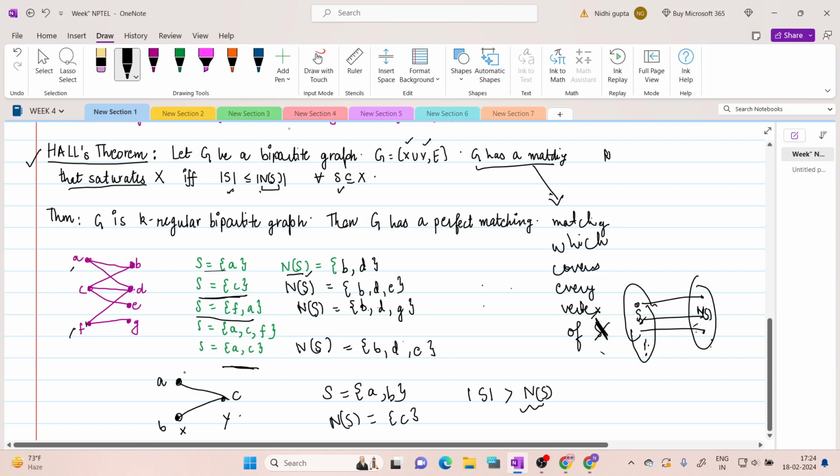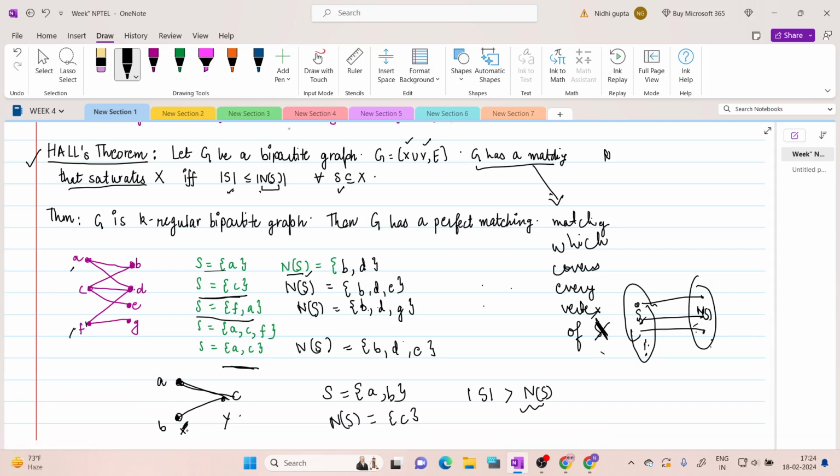In this case also, suppose we choose AC as our matching, then we have no neighbors left for B to match. Therefore this condition is obvious: if G has a matching that saturates X, then this should be satisfied.